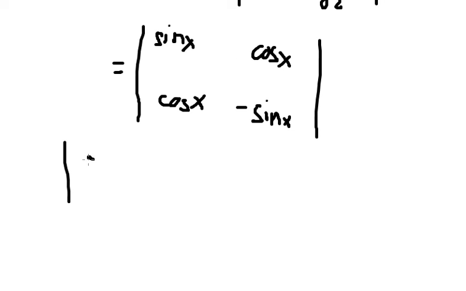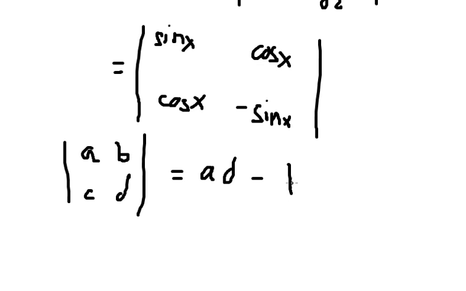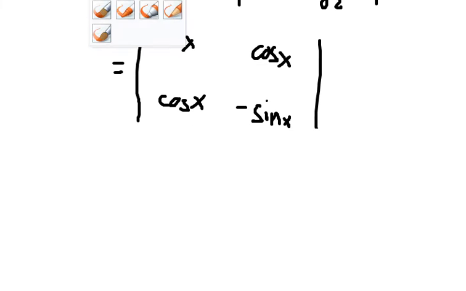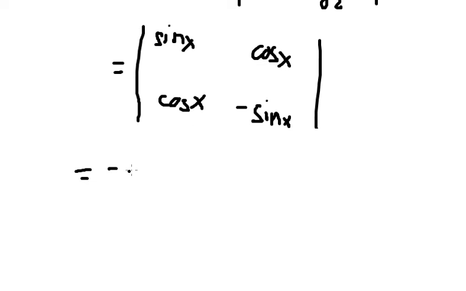So we have the formula in here. If we want to find the determinant of the matrix, we have ad minus bc. So this one we can simplify like this. So sine x and sine x, we have negative sine x squared.